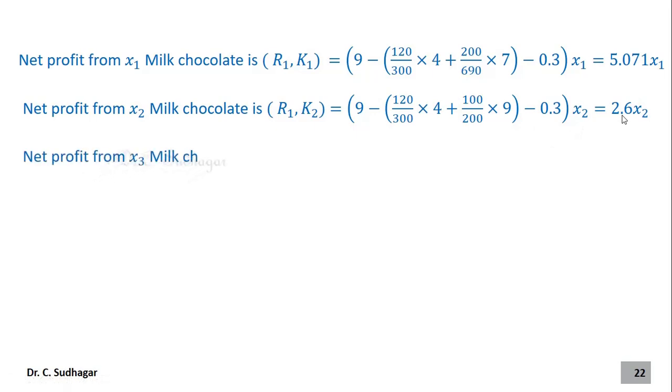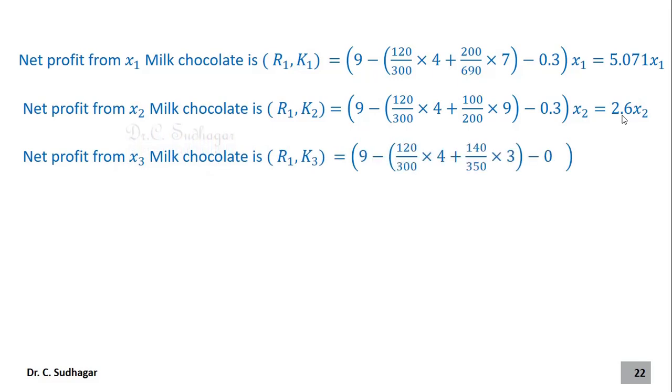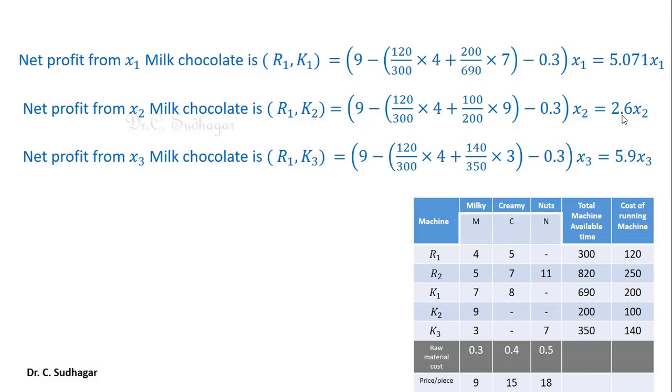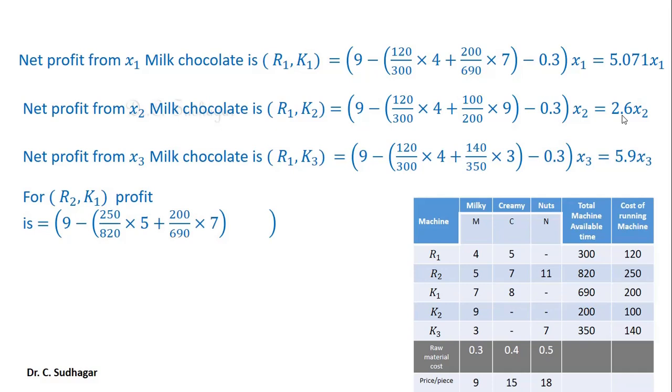Then for X3 we do the same type of calculation, and the cost is coming 5.9. And for R2K1, now what we are doing is making the heart shaped chocolate mold and putting it in the square shape box. So the cost for the heart shaped machine is 250 divided by 820, so 250 divided by 820 into 5, and for the square shaped box it is 200 divided by 690 into 7.